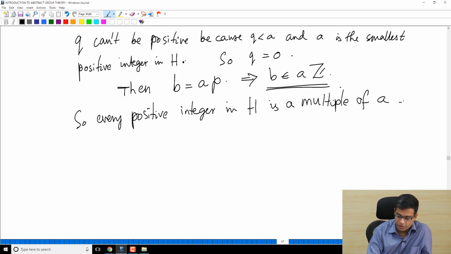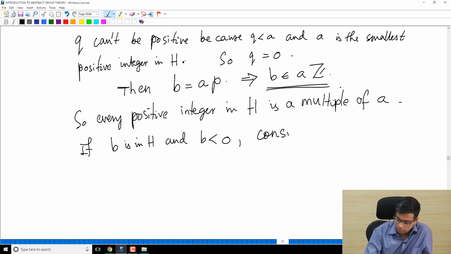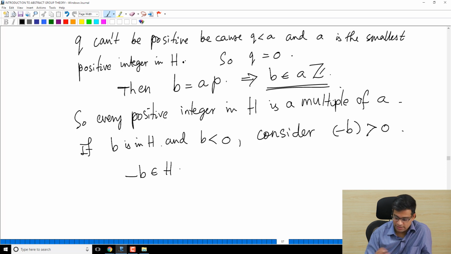What about negative integers? Let us say b is in H and b is less than 0. Consider minus b, which will be positive. Minus b is in H because b is in H and H is a subgroup.